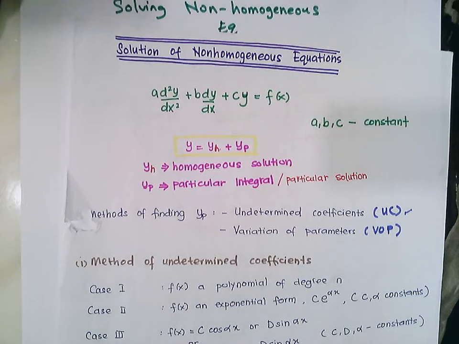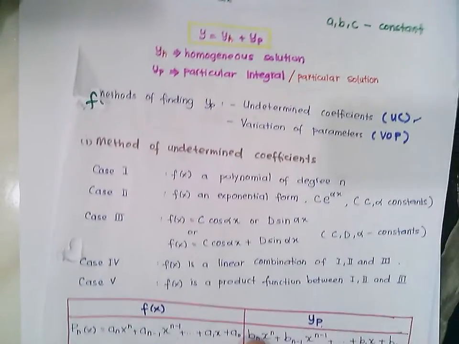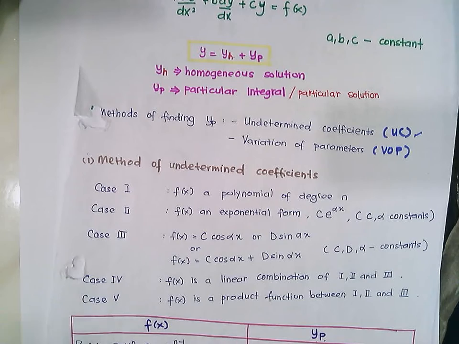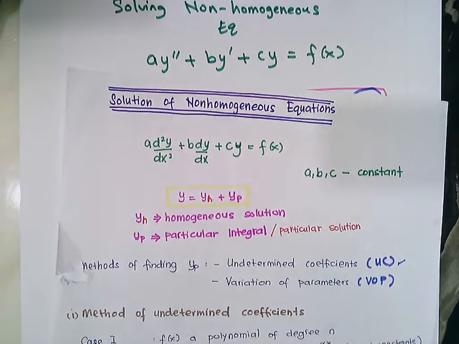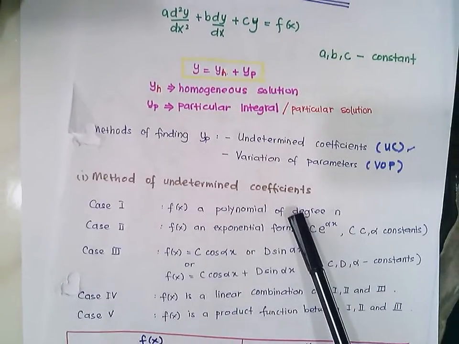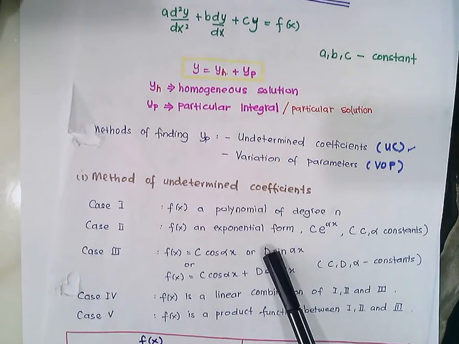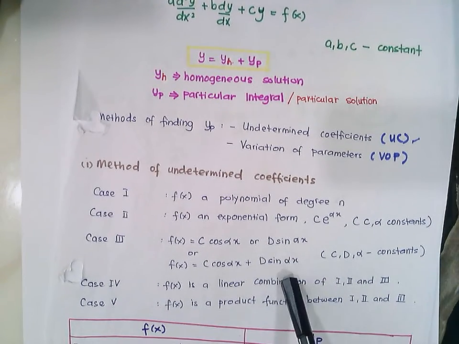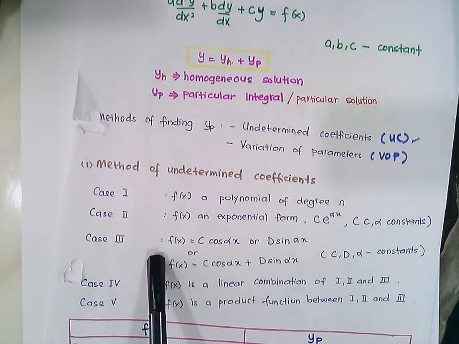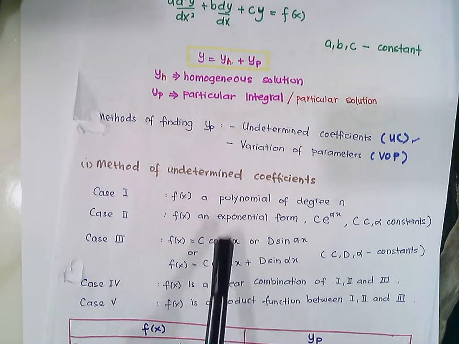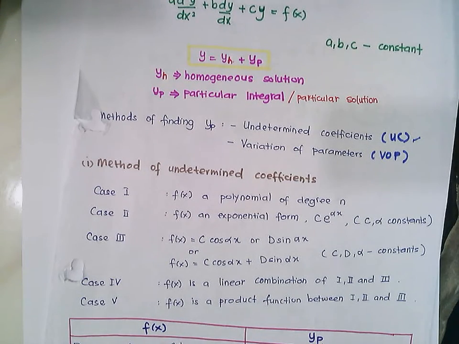As you can see here, when involved with method of undetermined coefficient, your fx, which is the function on your right hand side here, can either be polynomial, exponential, trigonometric function, or linear combination of these, case 1, 2, or case 3, or a product function between case 1, case 2, or case 3. But for your syllabus, we only cover up until case 3.